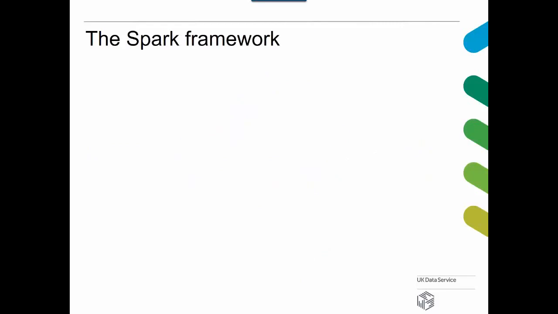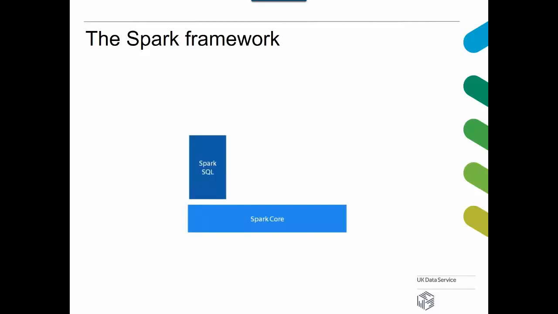So the Spark framework starts with some core elements of Spark, which is just general processing type things. On top of that, we've effectively got 4 pillars of functionality. We've got Spark SQL, which allows you to do the SQL type processing tasks. We've got Spark Streaming, so that's streaming data.